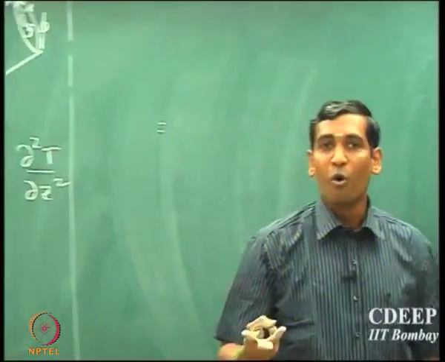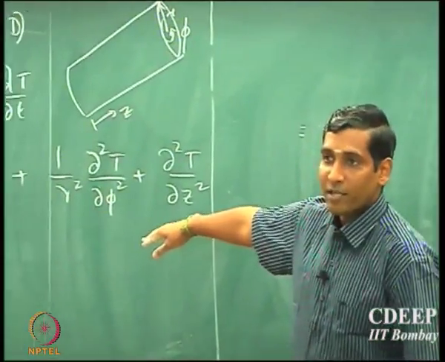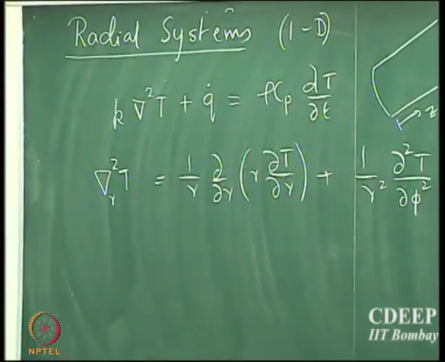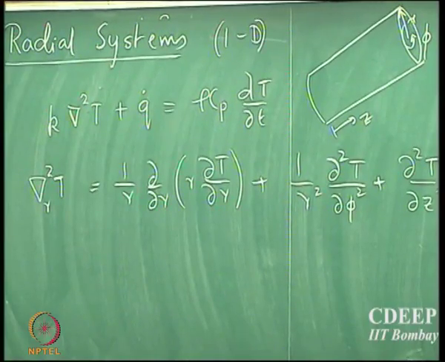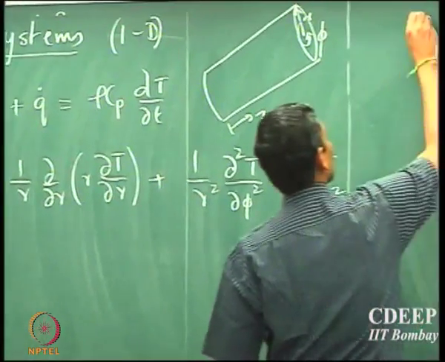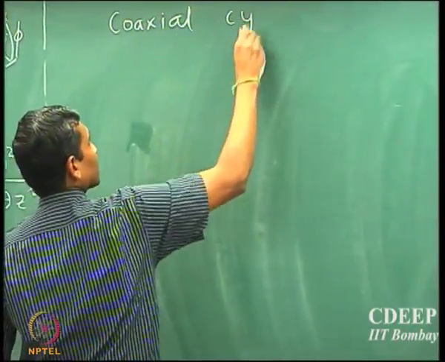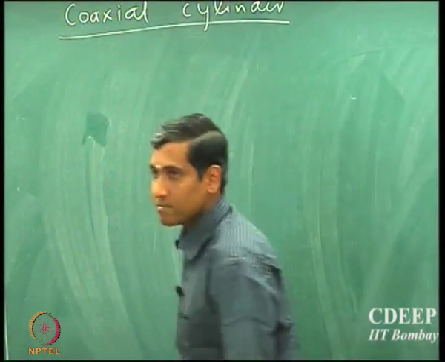So these are the three coordinates of a cylindrical system, and this is the general Laplacian in the cylindrical coordinate system. Now what we are going to do is look at the coaxial cylindrical system. So the problem we are going to take is the coaxial cylinder.